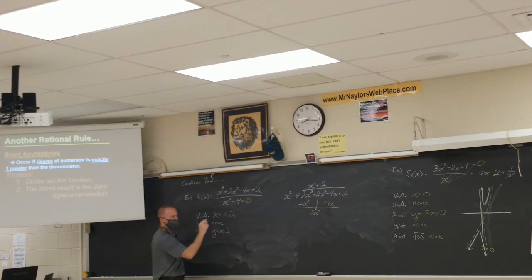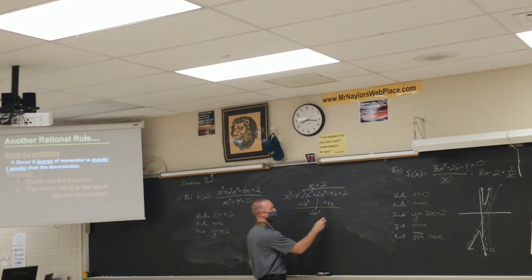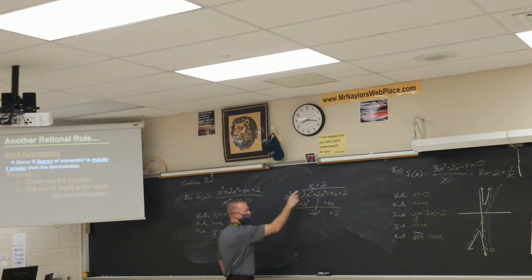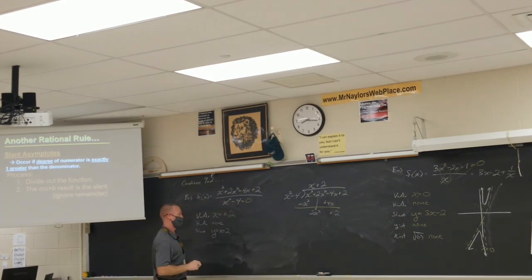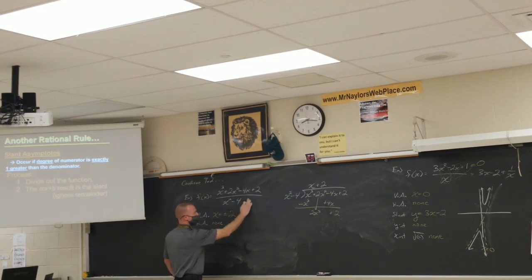Should I finish the division problem? I could think about finishing it. All I'm really going to do is think about the remainder that I get, but I've got my y equals mx plus b. Here's an old faithful. Plug a 0 into this equation.